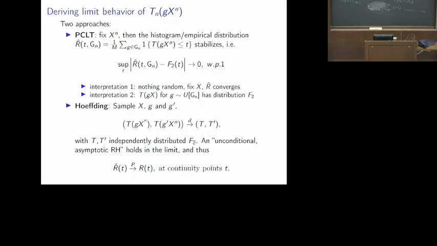No, you draw everything at random. And the idea is that the reshuffling is such that even though you drew the same random X, you're breaking the dependence of the statistics in the limit just because of this random reshuffling.